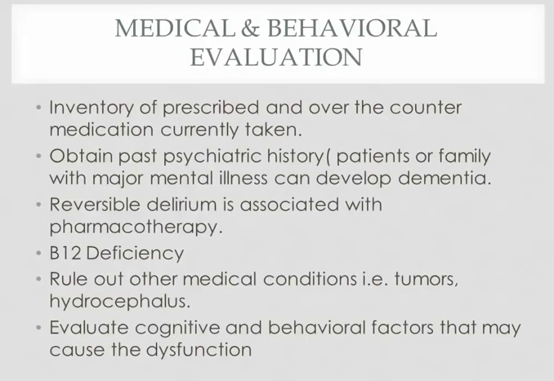Looking at medical and behavior evaluation, an inventory of prescribed and over-the-counter medication that the client is currently taking is very important. It is also important to obtain past psychiatric history from the client or family members with major mental illnesses that might develop into dementia. When we look at delirium, it is reversible and is associated with pharmacotherapy. As mentioned earlier, if a client is showing symptoms of delirium, it's very important to get them to the hospital as soon as possible so they can see a physician.